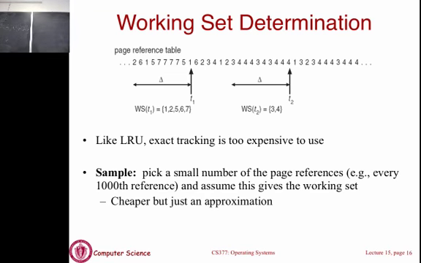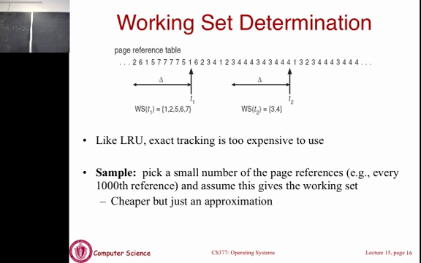But the problem here is exactly the same problem we had. Yes, question? Is it on purpose that the 6 is not included in the working set for the second interval? Well, this is the interval over which we're calculating the working set, so we don't consider any memory accesses that are outside of that interval.